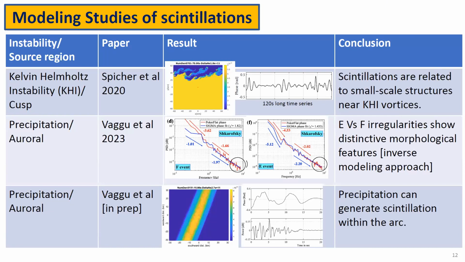He found out that E and F region irregularities have distinctive morphological features in spectral and spatial domain. He is now looking at the precipitation with respect to GEMINI. So it's generating an auroral arc in GEMINI and passing it through SIGMA to see whether we see scintillation. So go see his poster this afternoon.